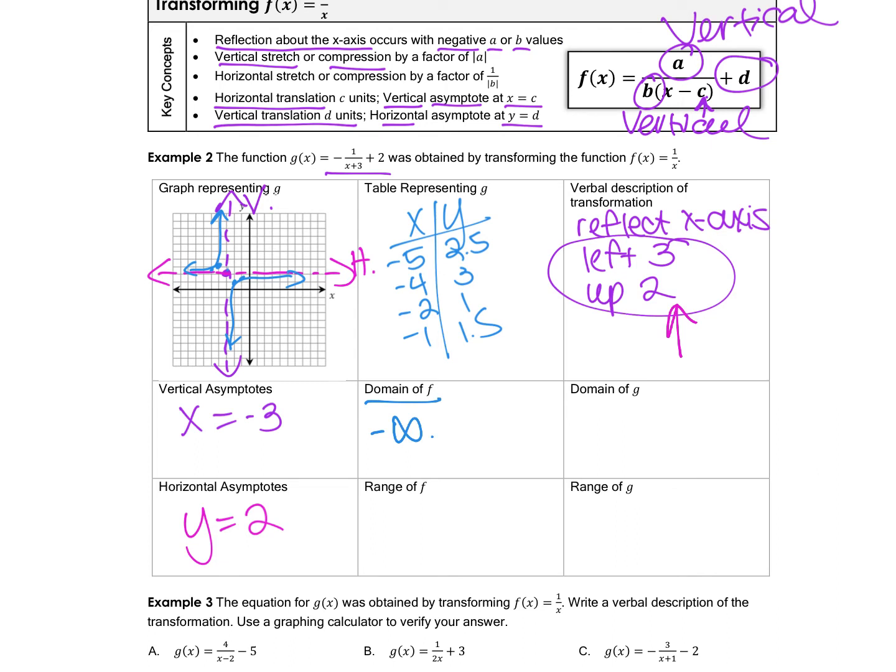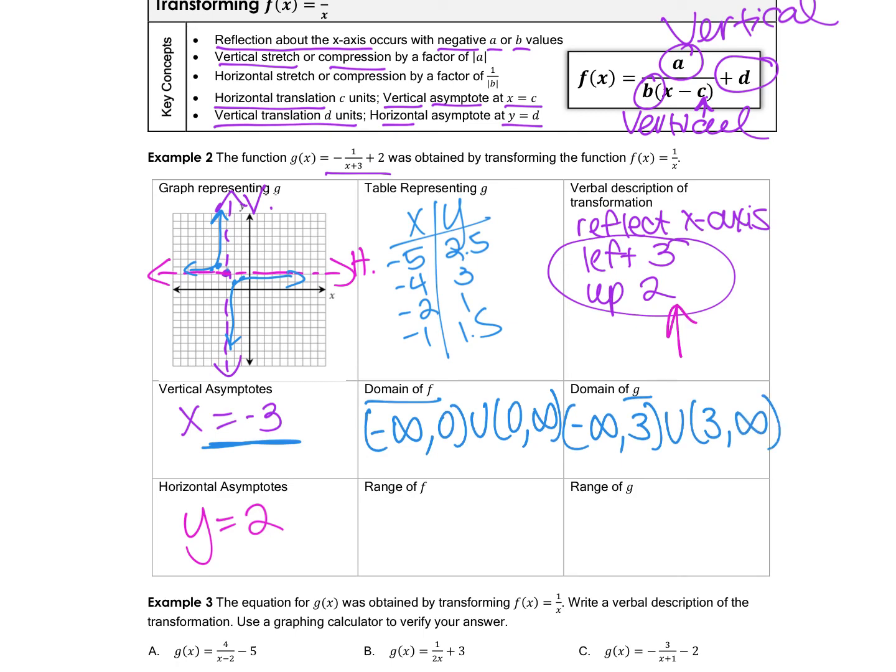So -infinity to 0 was the original, and then 0 to infinity. Now let's look at our g, which we graphed. This is our new one. So notice our x's cannot equal -3. So it goes from -infinity to -3, it stops, and then from -3 to +infinity.